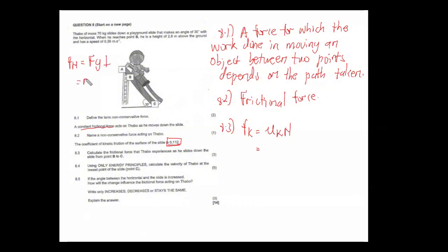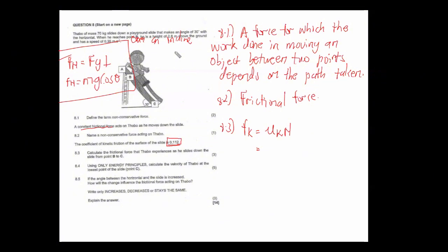So your normal force breaks down to mg cos theta, right? Note that this only happens if an object is on an incline. If the object is on an incline, then the normal force is equivalent to Fg perpendicular, which breaks down to mg cos theta.